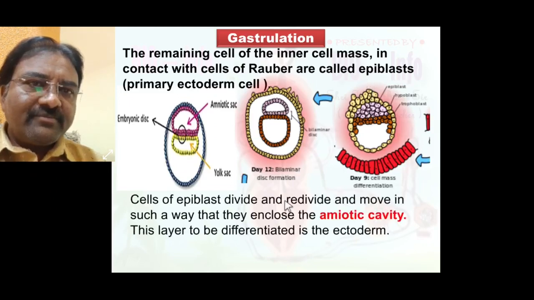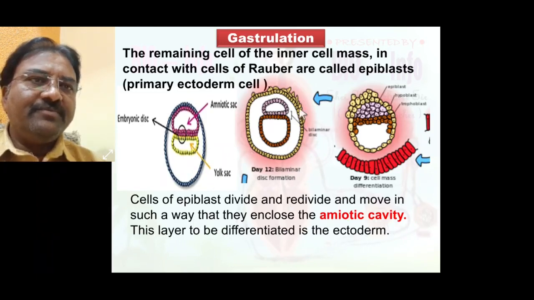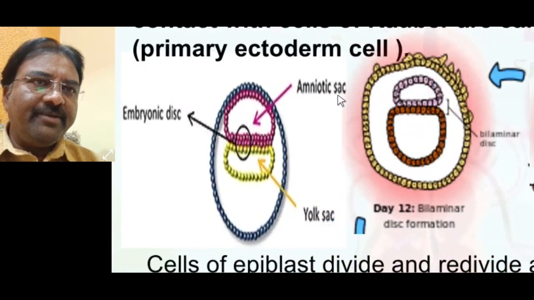Now, how does the ectoderm form? Cells of the epiblast divide and redivide and move in such a way that they enclose the amniotic cavity. This layer differentiates into the ectoderm. So the epiblast cells form the ectoderm, and inside the ectoderm we see the amniotic sac or amniotic cavity.